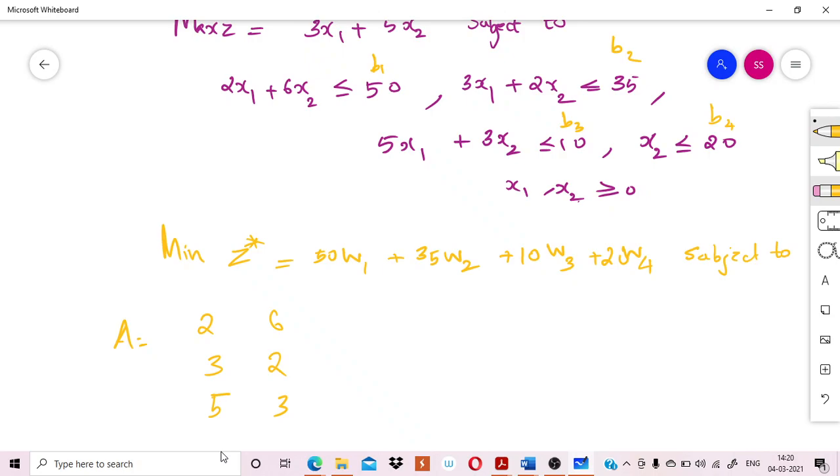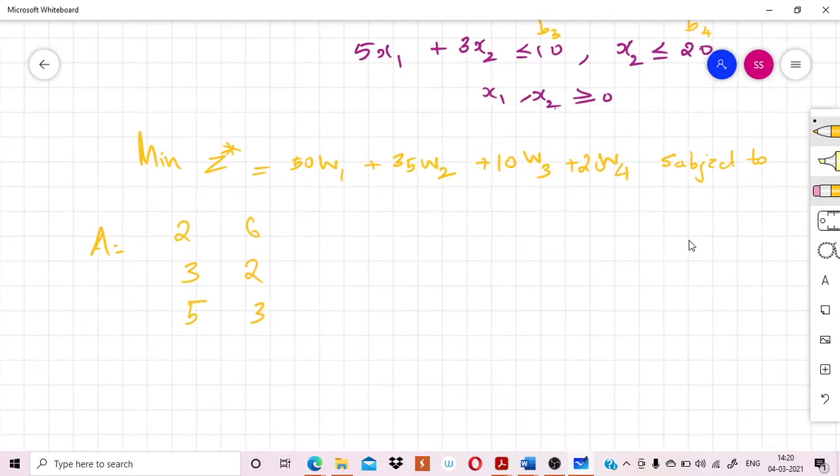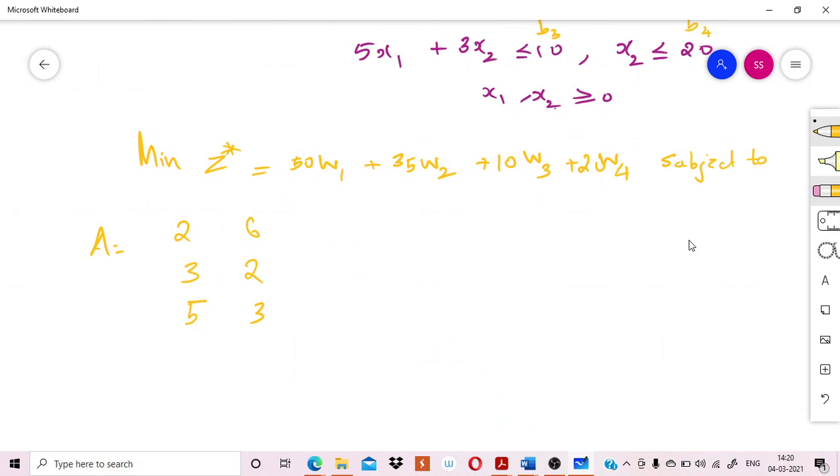Then in the last case we have x1 coefficient 0 and x2 coefficient 1. This was our matrix A.